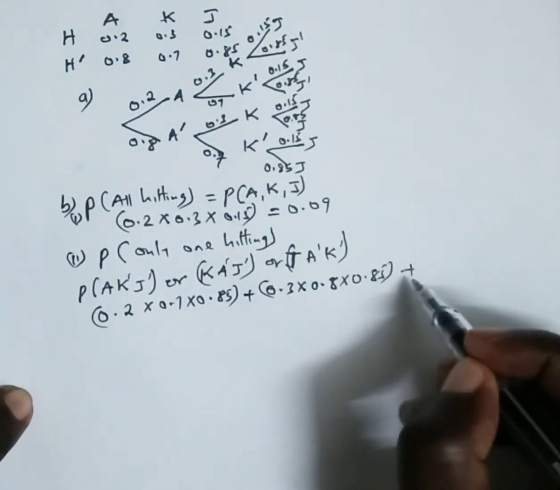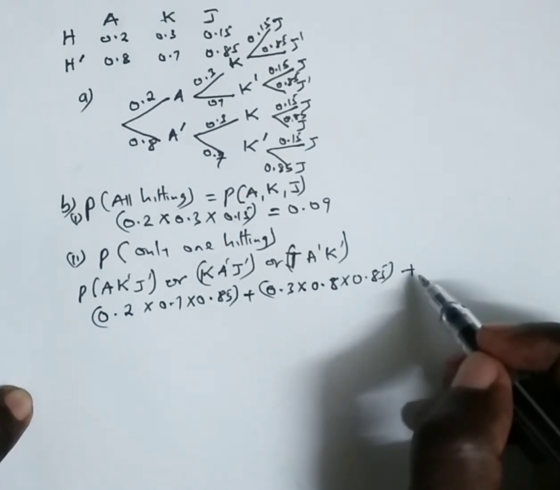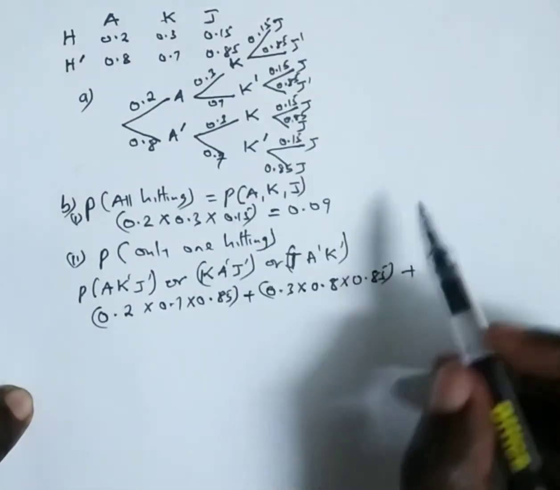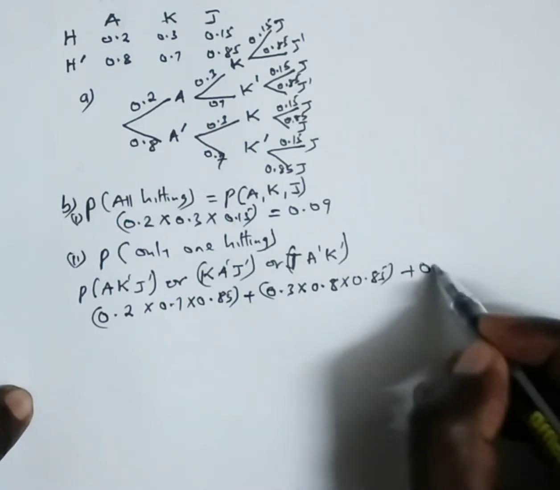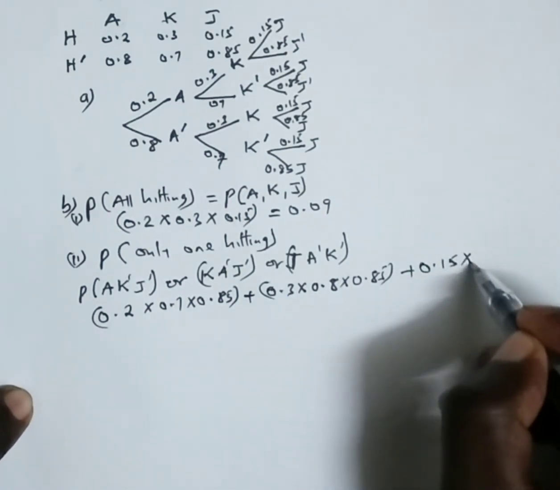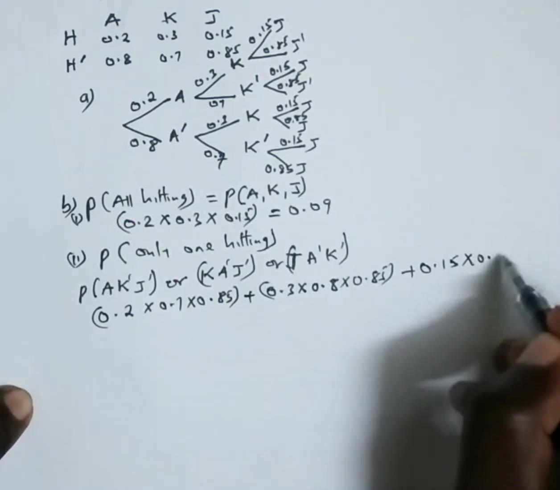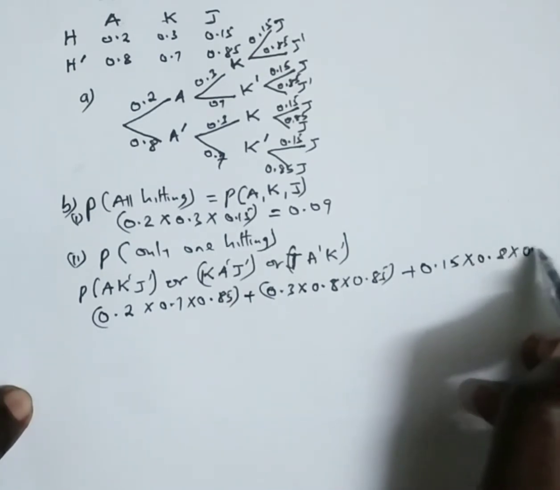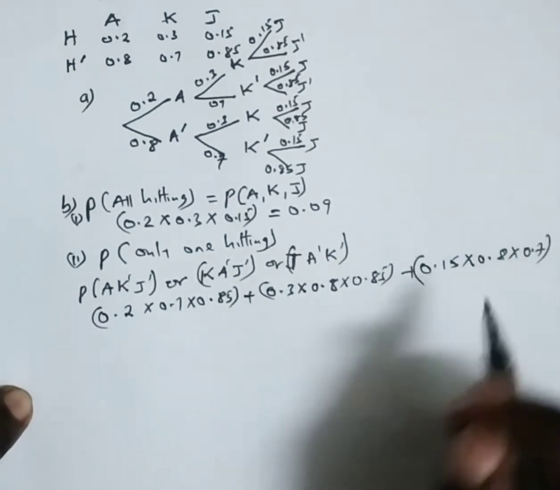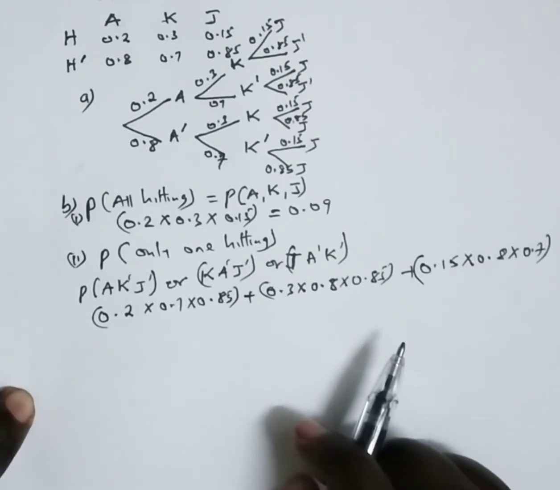We add the probability of Juma hitting, which is 0.15, the other two missing, that is Akinyi missing 0.8 times 0.7 for Kamau.